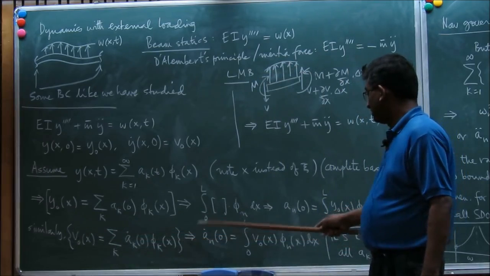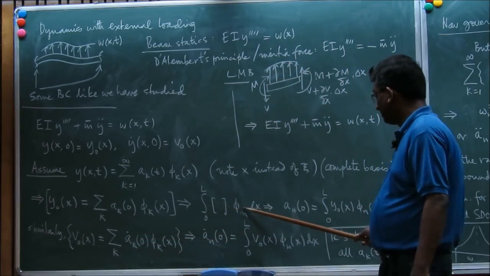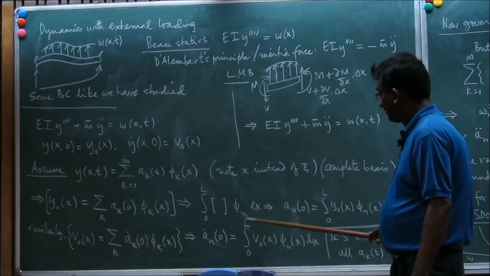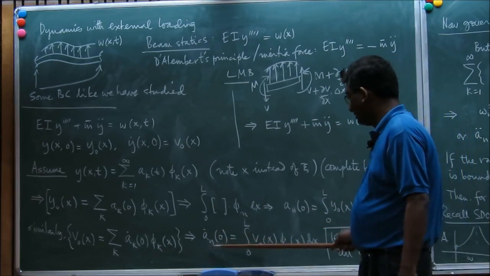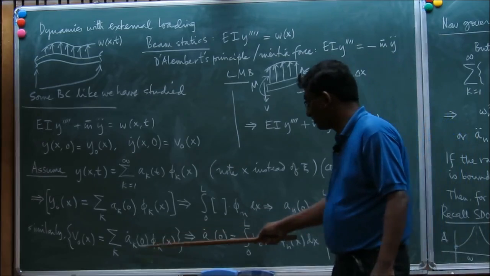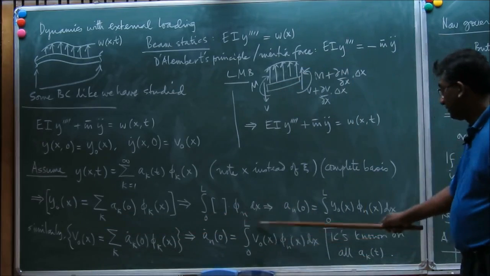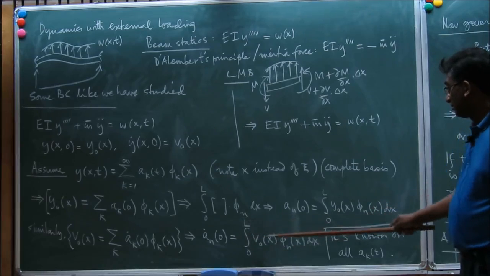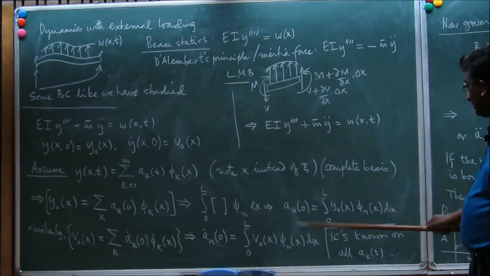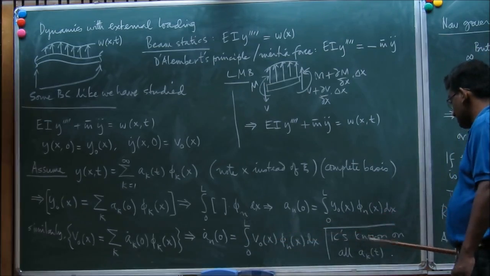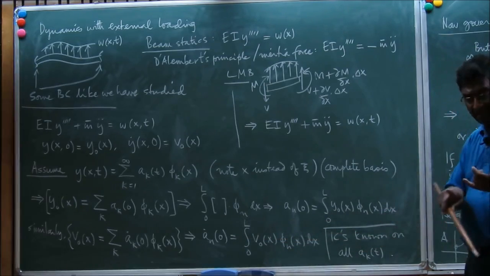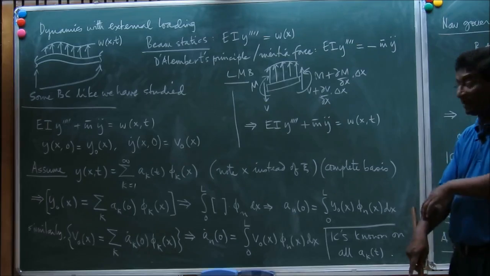What I do similarly is I take the curly bracket, multiply by phi n of x, integrate from 0 to L, and I get a n dot of 0 is equal to the integral from 0 to L of v0 of x times phi n of x. In this way, the initial conditions are known for all the a k's. A k as well as a k dot are known at time t equals 0.